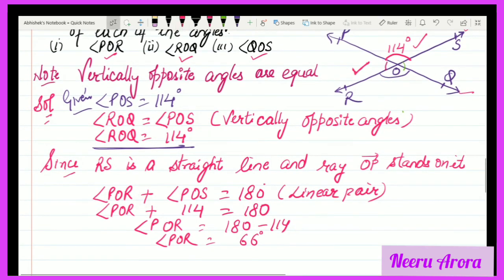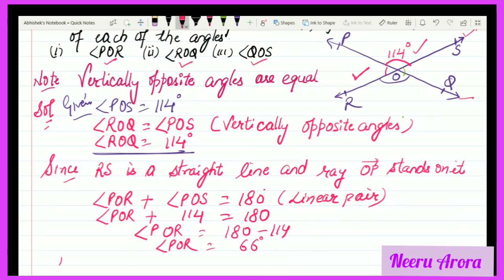Now QOS is equal to POR, vertically opposite angles. We get this angle 66, and this is the vertically opposite angle of QOS.